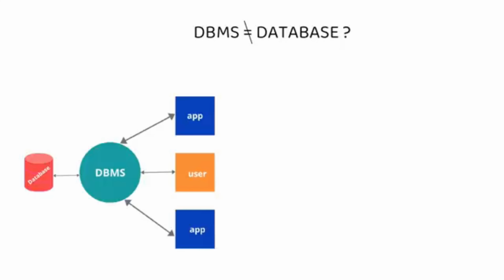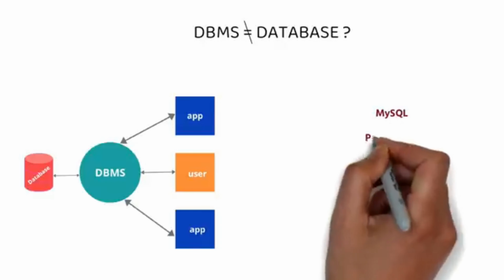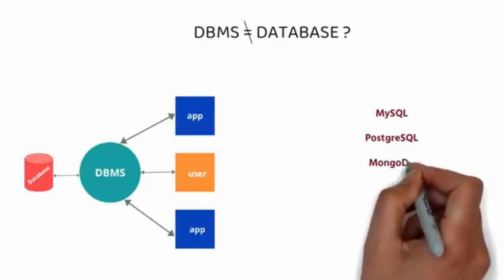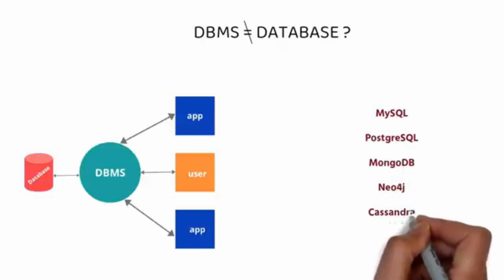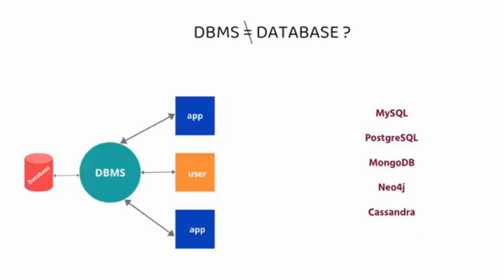DBMS is also required to create, modify and delete database. Users like you and me can use DBMS to enter commands in a specific language to interact with the database. Examples of DBMS can be MySQL, PostgreSQL, MongoDB, Neo4j, Cassandra, etc.